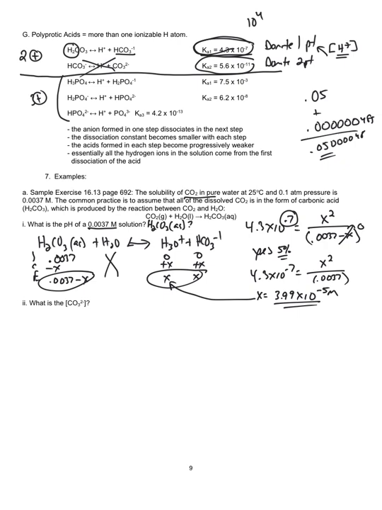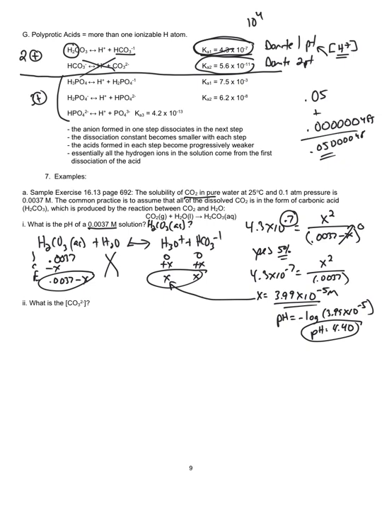And as I said, since the first dissociation pretty much produces all of it, I can now go ahead and calculate the pH of this solution, because this is the value of x, which is the amount of H3O+ that's in the solution. And so I get a pH of 4.40.